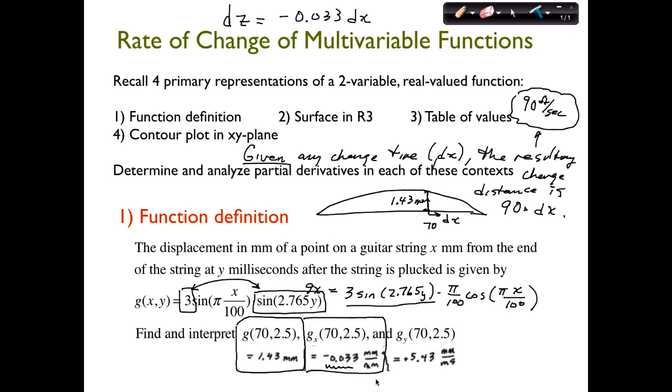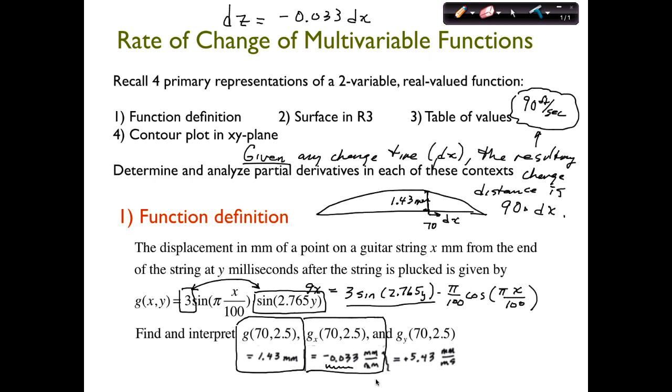What does the 5.4 tell us? It means we can let time change a little bit. No, 5.43 is the rate of change, right?